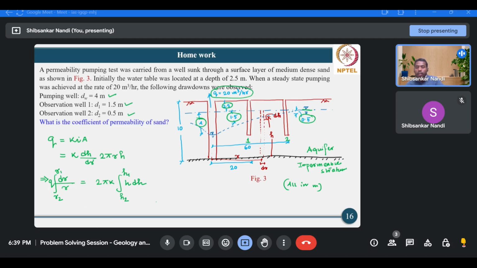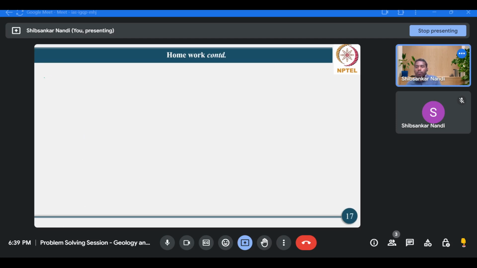If you integrate, this would become ln R1 by R2, and on the right hand side pi k times H1 square minus H2 square.